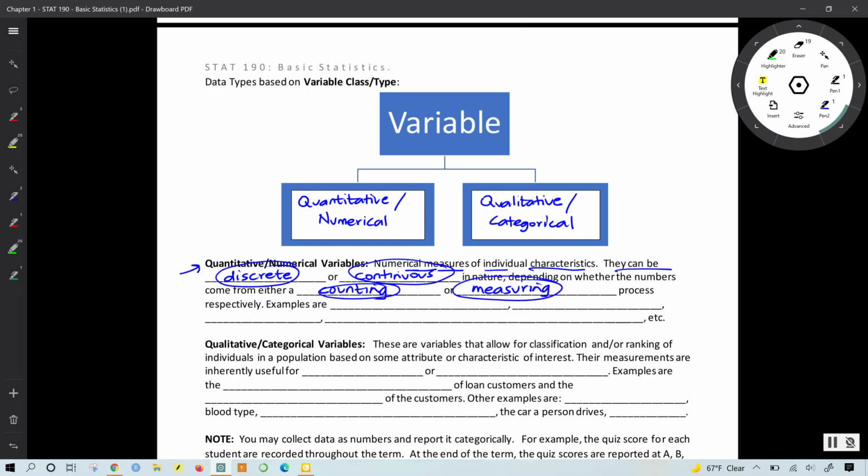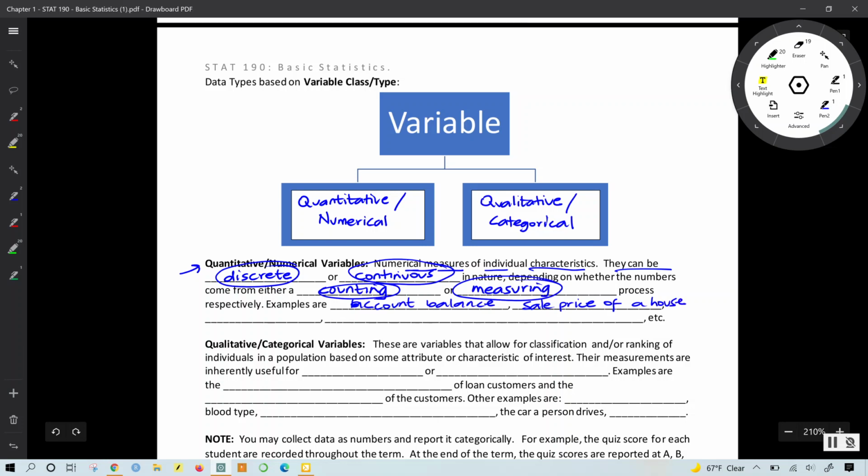So, examples of numerical variables are the amount of money in your account, your account balance. It could be the sale price of a house.